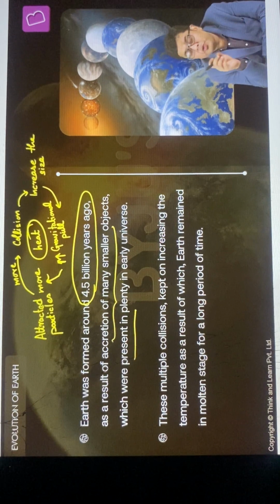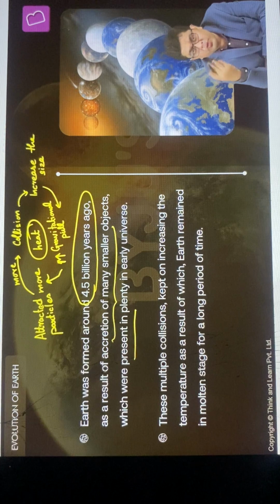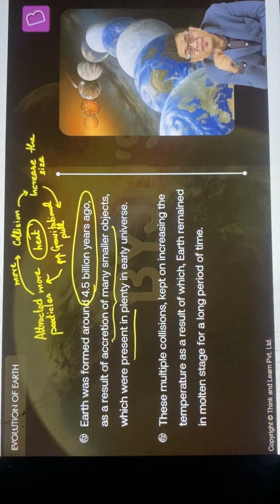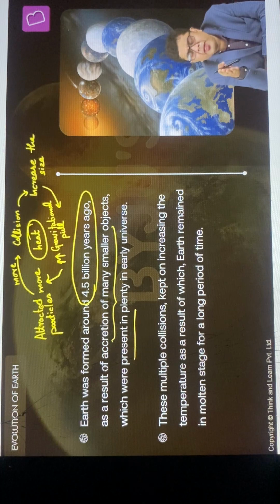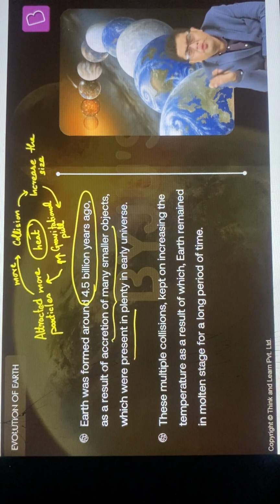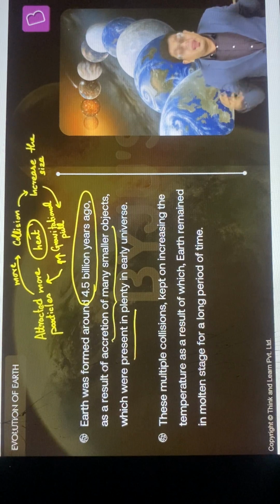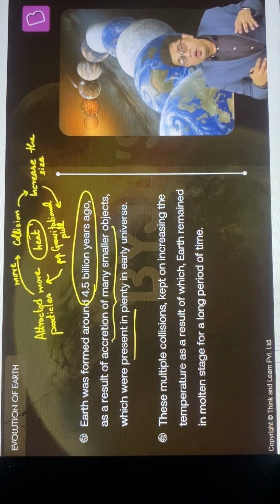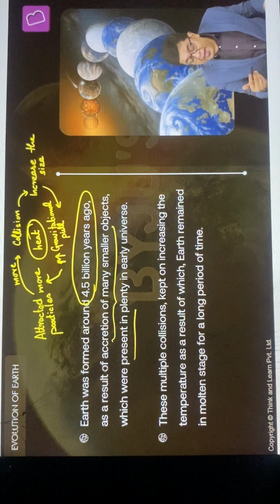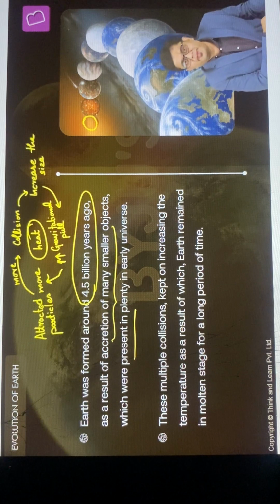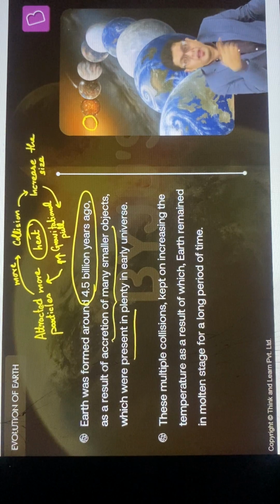This heat, produced as a byproduct of these collisions, was very important in terms of melting the materials present in that large mass. Think of it: you have millions and billions and trillions of collisions, with each collision increasing the temperature. So the planet that we know right now, around 4.5 billion years back, was nothing but a molten ball of mass which kept on moving around the sun.